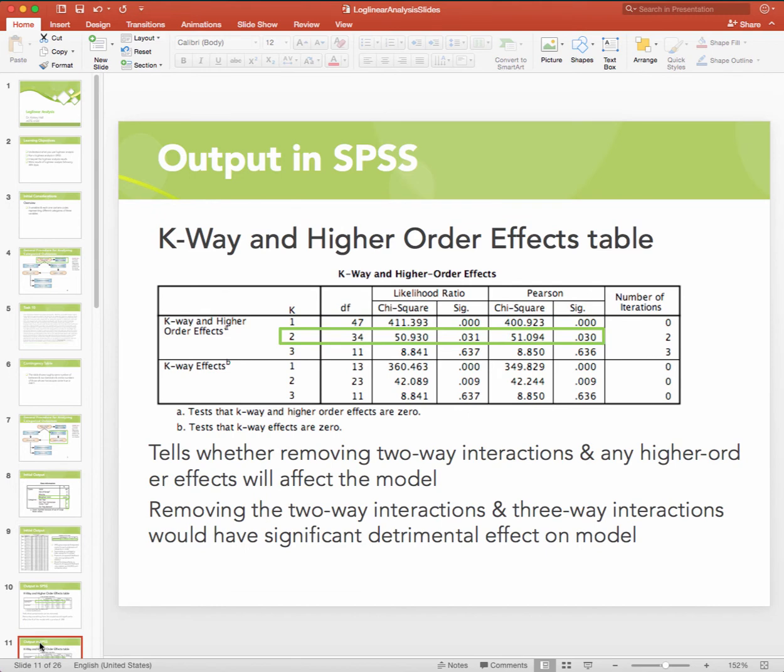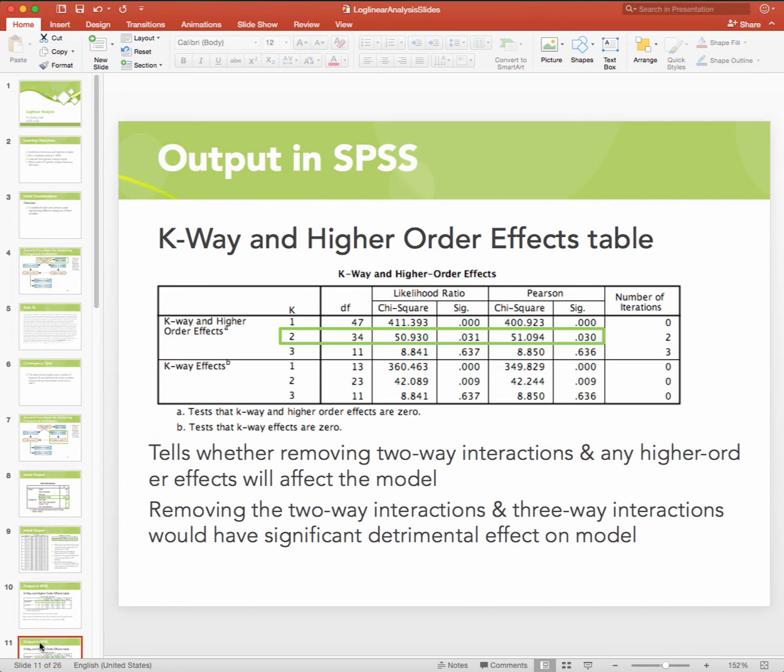The next row is K equals 2 and tells us whether removing the 2-way interactions, which are our star sign times believer, star sign times true, and believer times true interactions, and then any higher order effects, would affect the model. In this case, there is a higher order effect, the 3-way interaction.